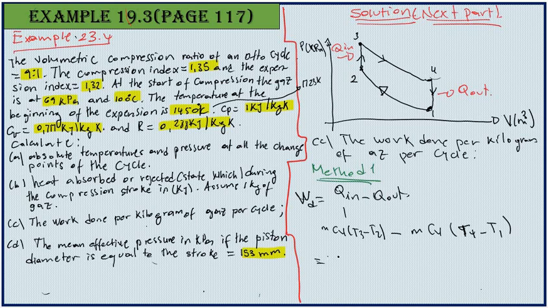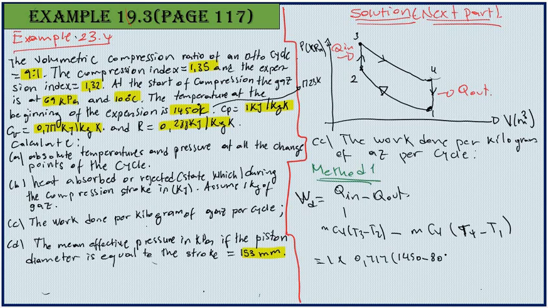So I'm going to have 1 multiplied by CV, which is 0.717, and then I have T3, which I've already determined is 1450.